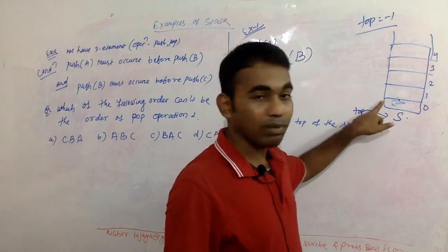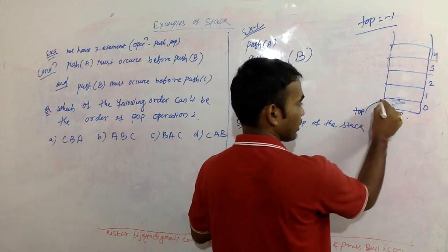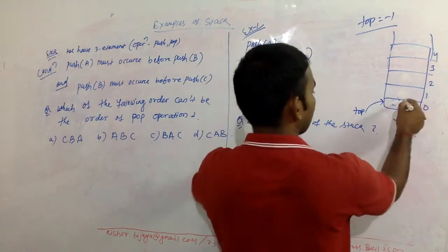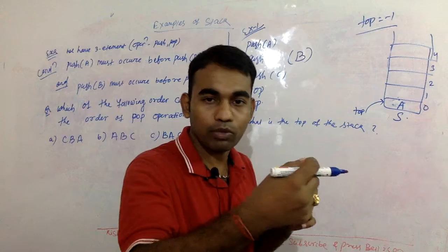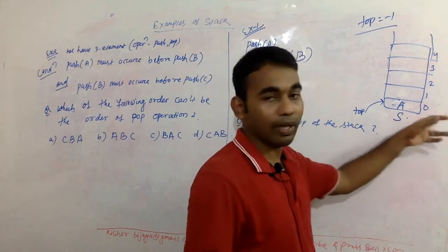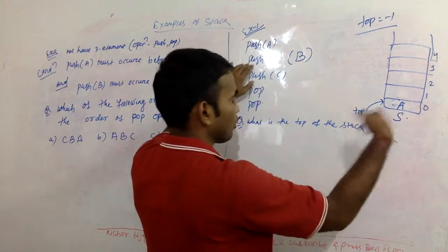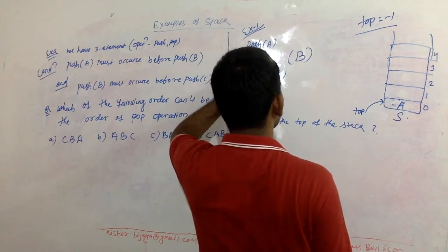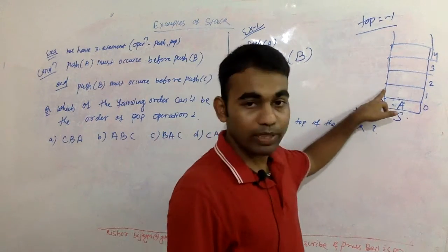I increment top here first, then push. From the algorithm perspective, top equals top plus 1, then insert the element: S of top equals that element. But we are not going into that now; we will in the subsequent videos. Then push B. Again the same thing: top is going to be incremented.